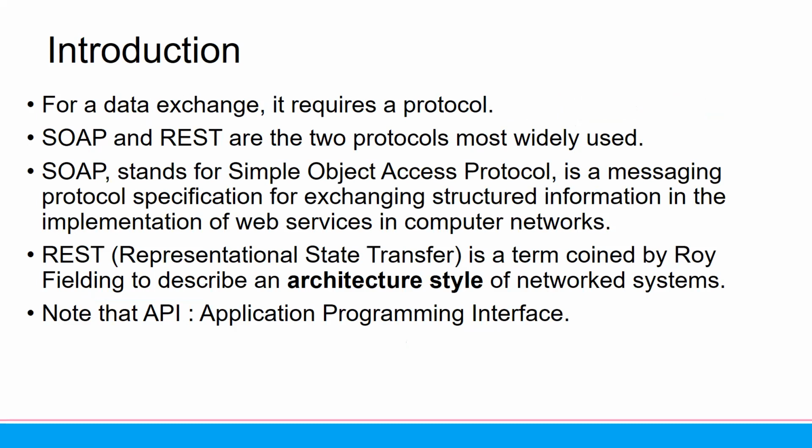A protocol means a kind of bridge. And we have SOAP and REST. There are two common protocols. Actually, there are still other protocols, but I think these two will be representative for our course.